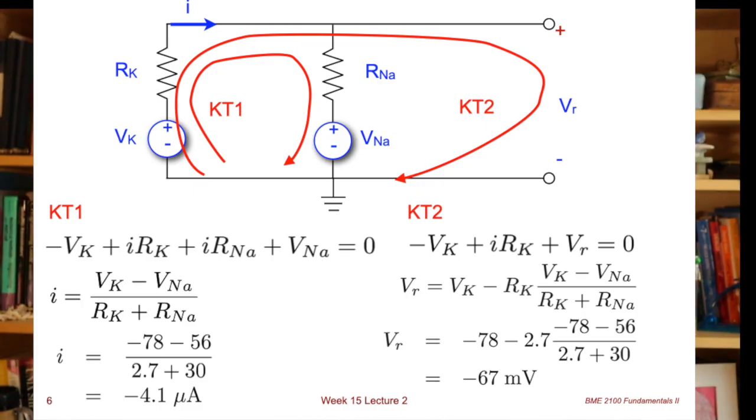So all we have to compute now is the open circuit voltage under these conditions. So the resting potential VR is under the conditions of an open circuit, and that simplifies our lives. We now take that current, feed it into the Kirchhoff loop equation, and then we get the actual resting potential of minus 67 in this case.